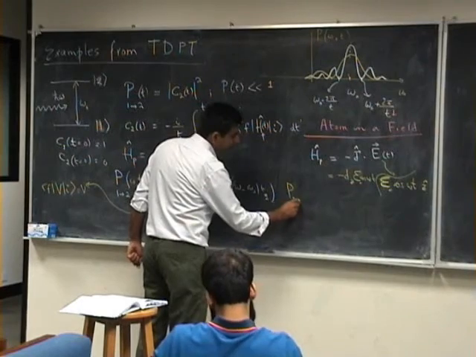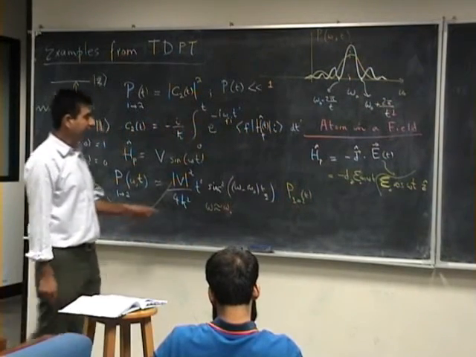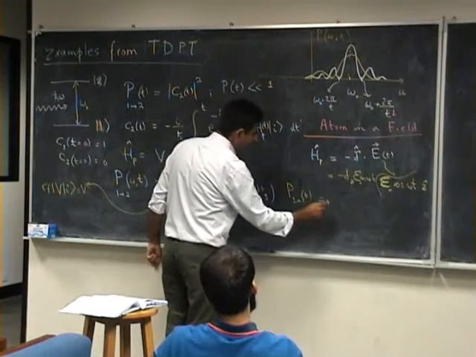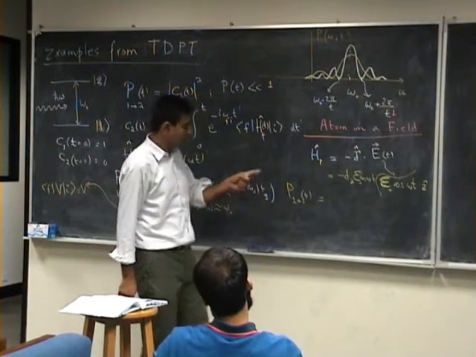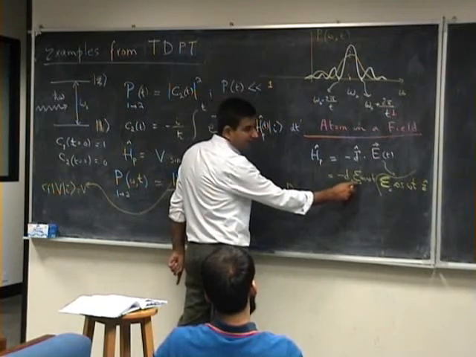यही फॉर्मूला यहाँ पर यूज करेंगे। So if I write down the probability of making a transition from 1 to 2 when my initial state is in the ground state, I will get, I need to put in a transition matrix element. Now this is just a scalar E naught.